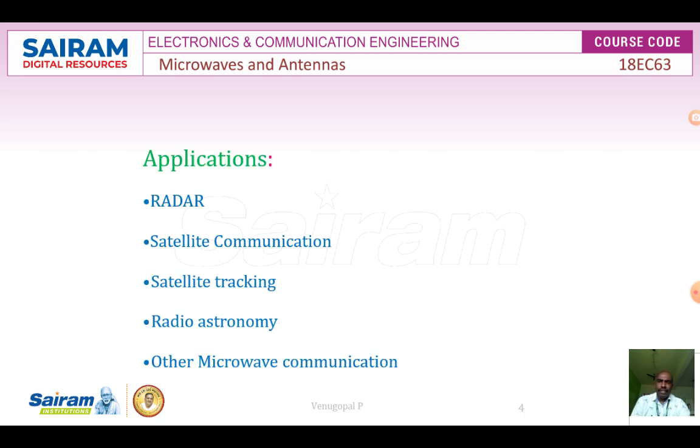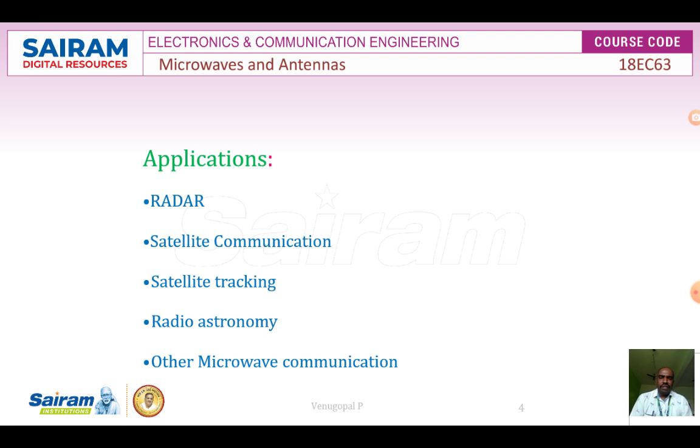Before that, let us see the applications of the reflector antenna. Reflector antenna is used in radar, radio detection and ranging, and in satellite communication. In satellite tracking also we are using this reflector antenna. In radio astronomy we are using this, and other microwave communications also.